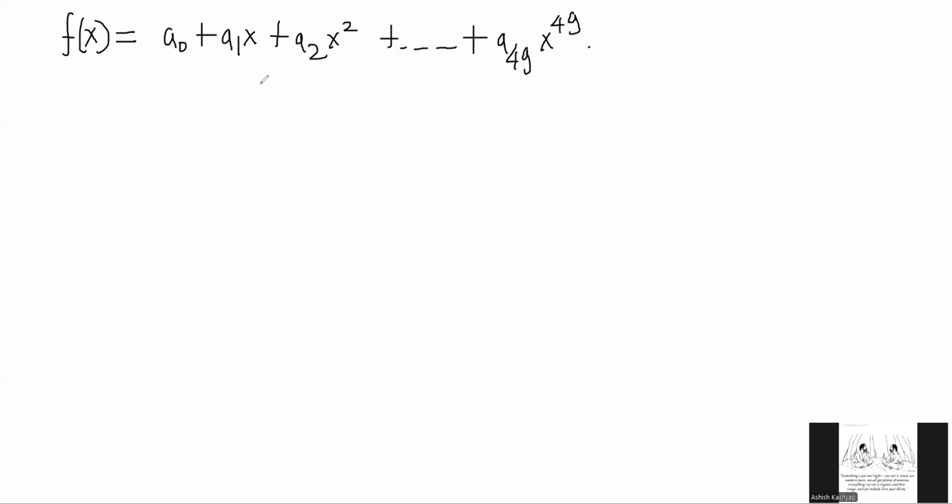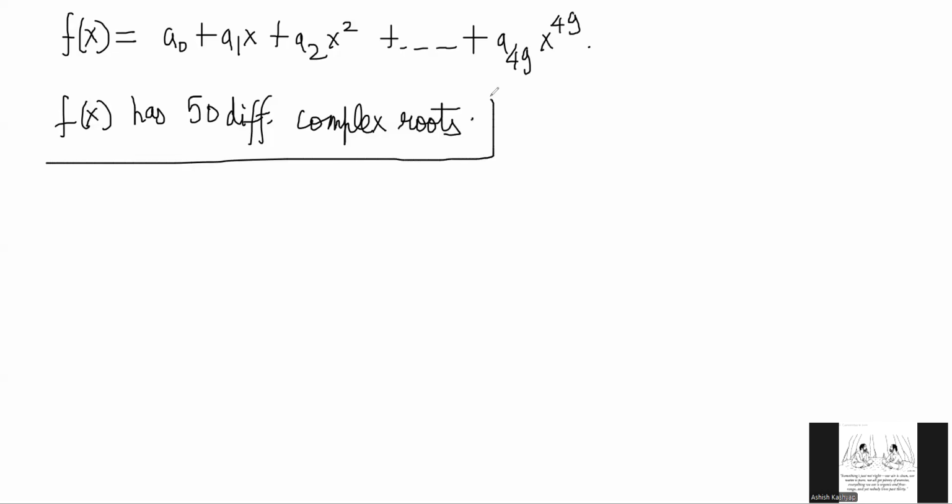We are trying to prove that f of x has 50 different complex roots. The roots may not be real, it could be real or complex. But if we can show that it has 50 different roots, we'll be able to prove what we need to prove.